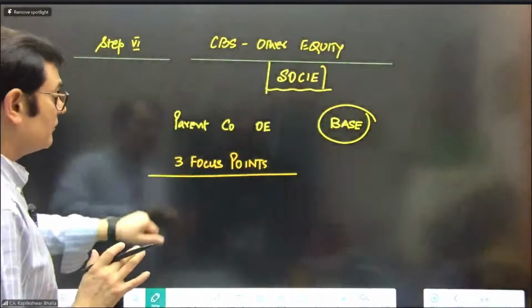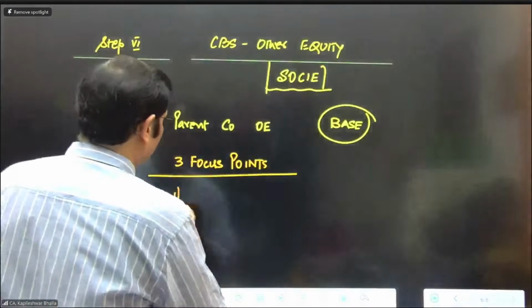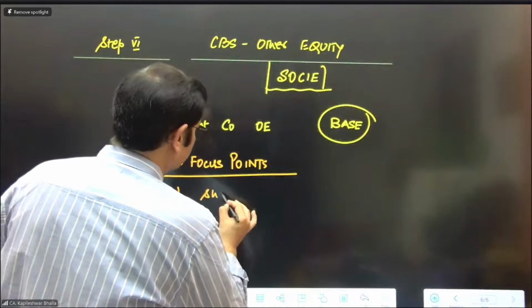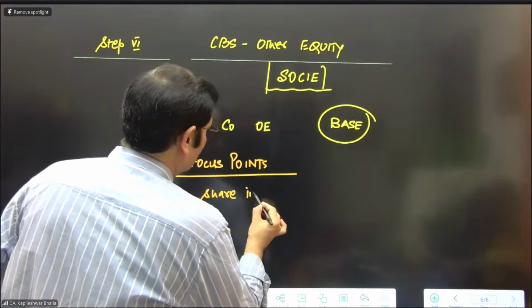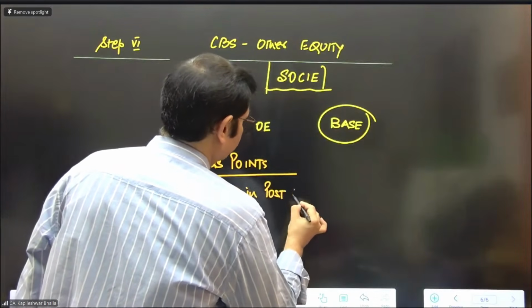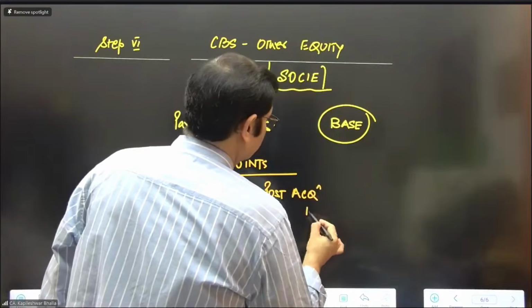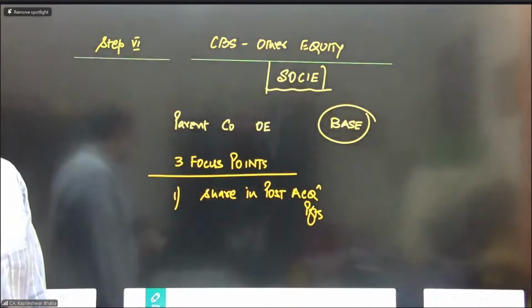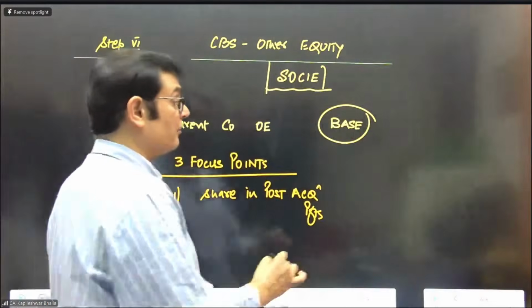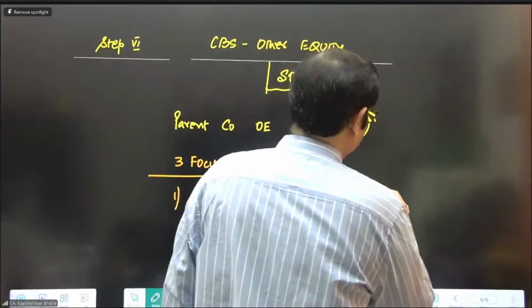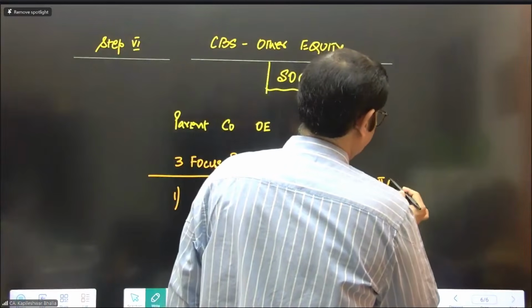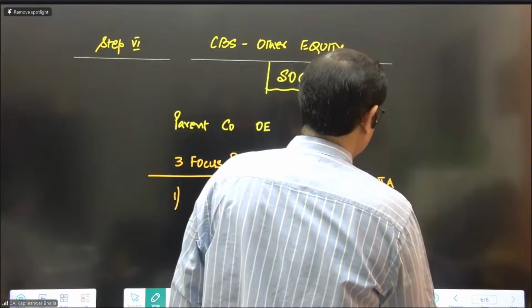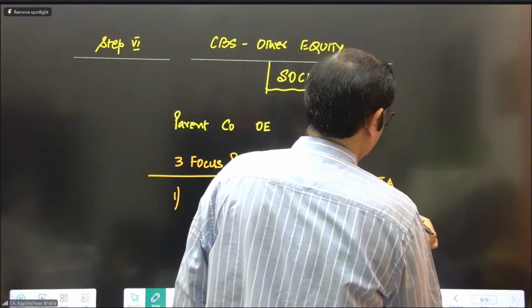So in terms of the three focus points, number 1, you need to consider the share in post-acquisition profits. Now, when I say that you need to consider the share in post-acquisition profits, you will get this from step number 2A, that is the post-acquisition profits.